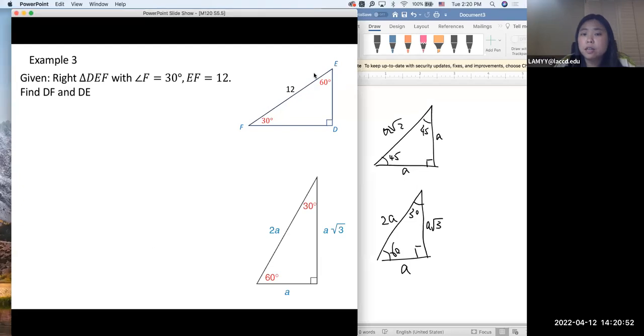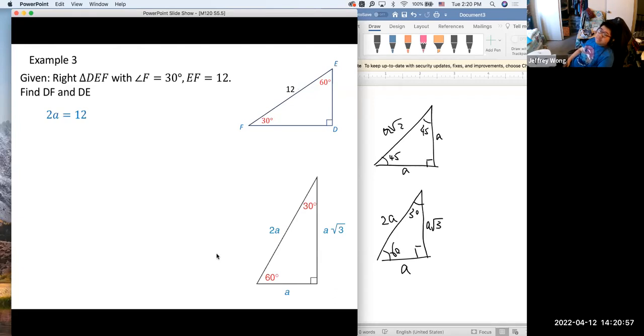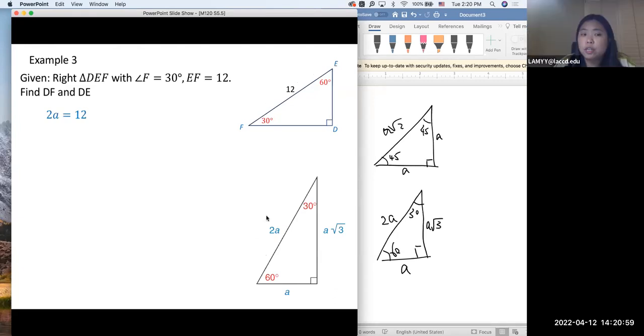Okay, you just said 12 equal to 2A, right? 12 equal to 2A, and then divided by 2 for both sides, you should get A equal to 6. And then you're gonna plug it back in here.